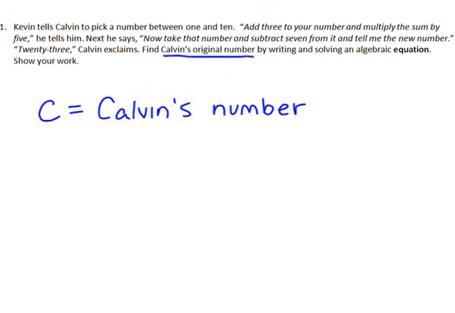Okay, from there, it says that we are going to first add 3 to the number. So we're going to take Calvin's number and add 3 to that. Next, it says we're going to multiply that sum by 5. Since we want to make sure that the adding happens first, we're going to put that quantity in parentheses and then multiply by 5.